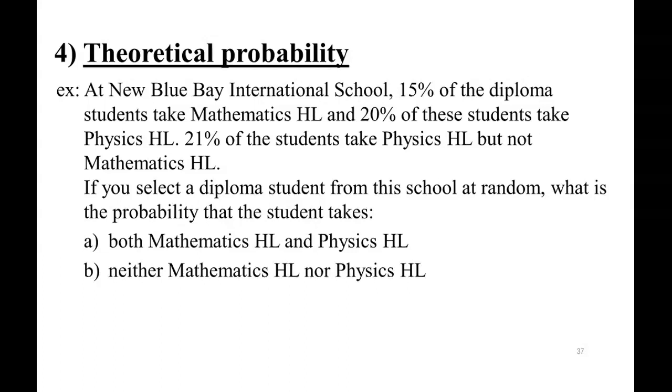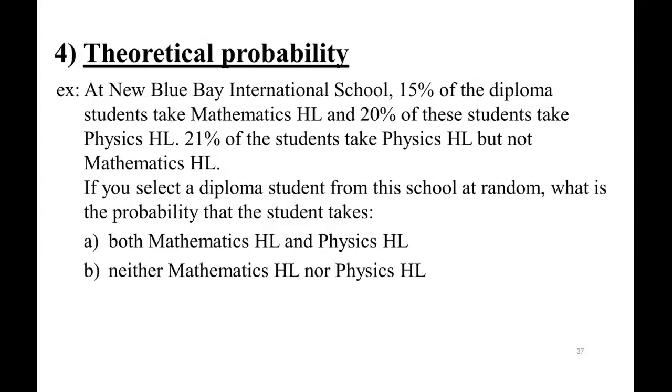And we've seen that probability and percentages are basically equivalent. So when I say 15% of the students, that's equivalent to a probability of 15 over 100, which is 0.15. So basically, we can turn a probability to a percentage by multiplying it by 100, and we can turn a percentage into a probability by dividing it by 100.